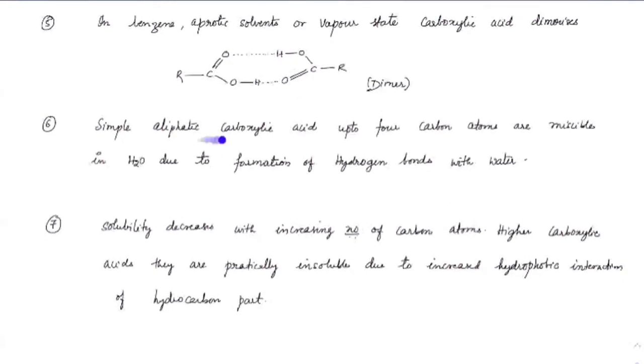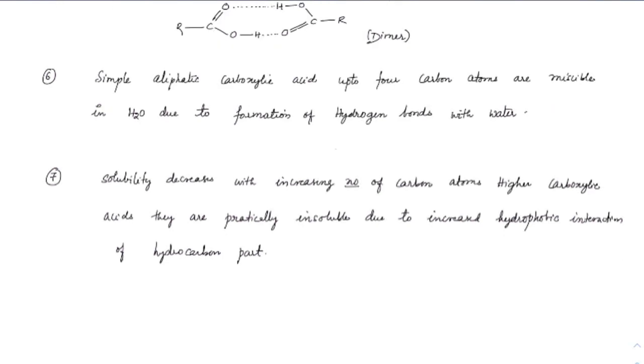Next. Simple aliphatic carboxylic acids, up to 4 carbons, are miscible in water, so they can be dissolved in water. But if you go more than 4, slowly the solubility will decrease, because the hydrophobic part of carbon has increased.